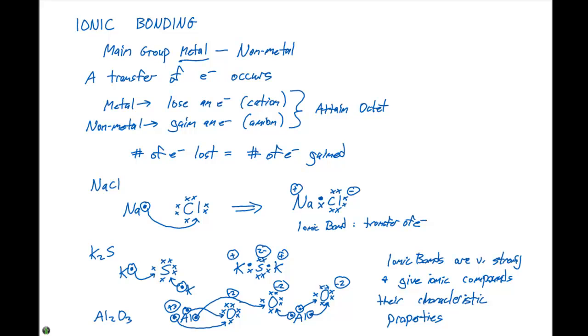And these properties include a very, very high melting point. And like I said earlier, these ions are arranged systematically in an alternating cation-anion pattern. They're going to give us a very definite shape, and they're going to form a crystal structure.